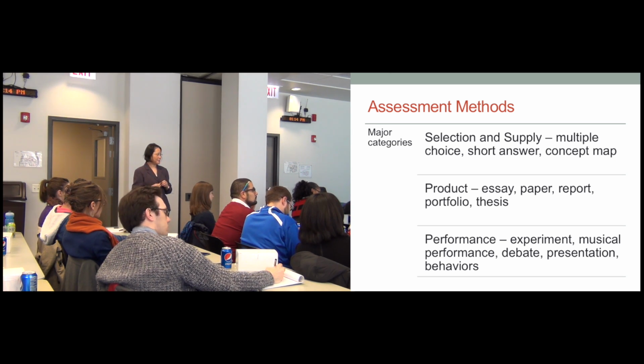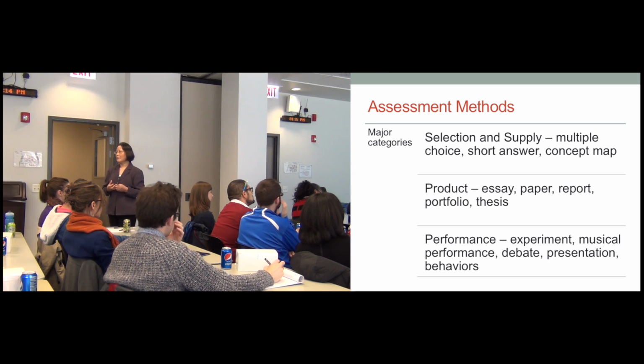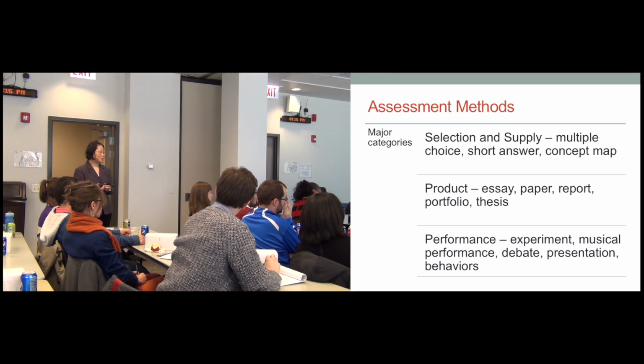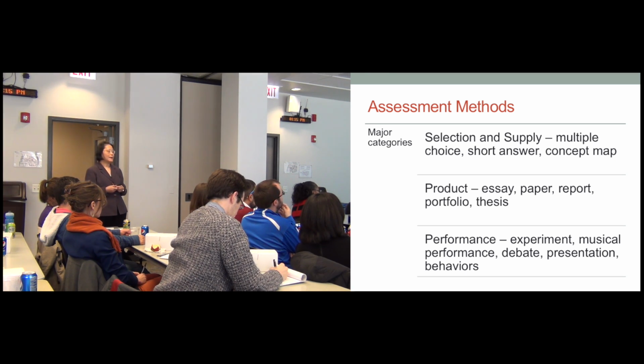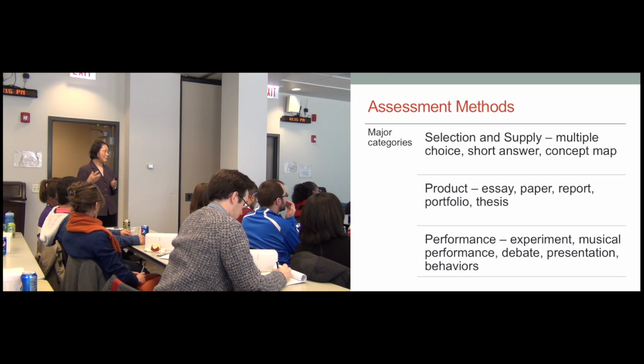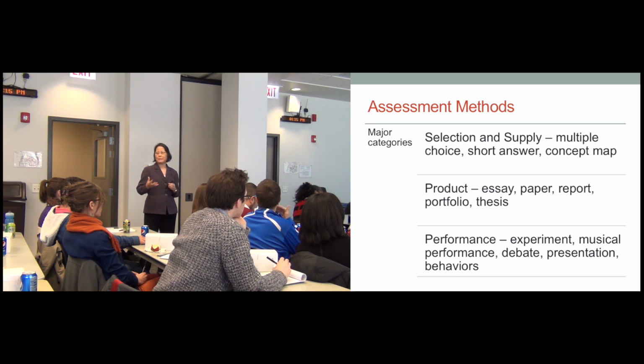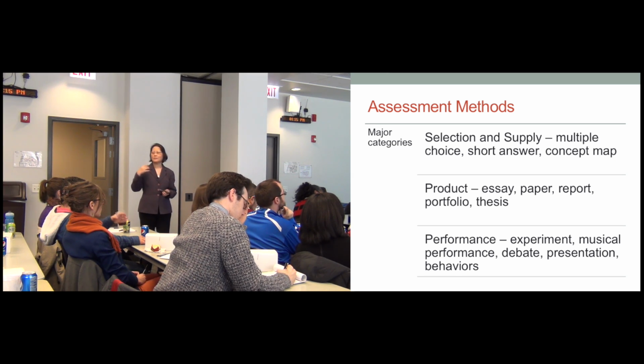Then another big category is called performance-based. This kind of method is also used frequently in higher education, like experiments, where students do experiments in the lab, music performances, debate presentations, and sometimes we even observe students' behaviors.